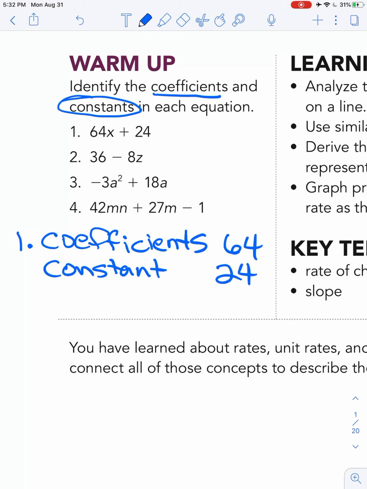Okay? So number 2, I'm just going to abbreviate. If we're talking about the coefficient there, it's -8. If I'm talking about the constant there, I'm talking about 36.